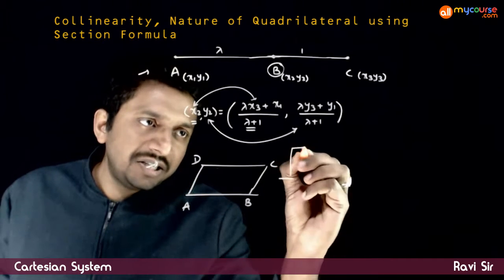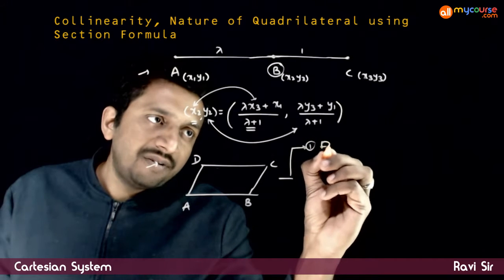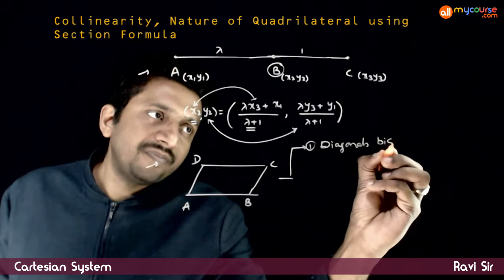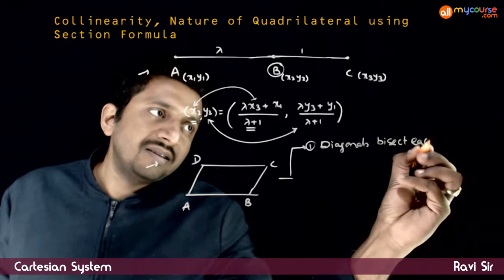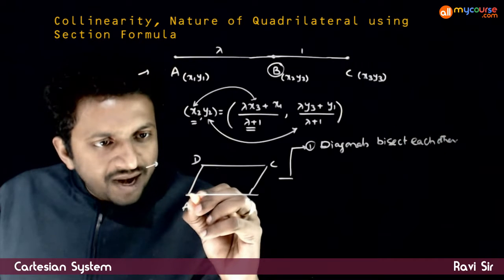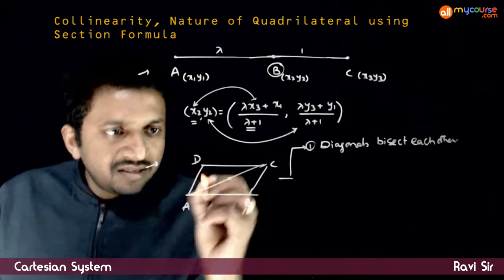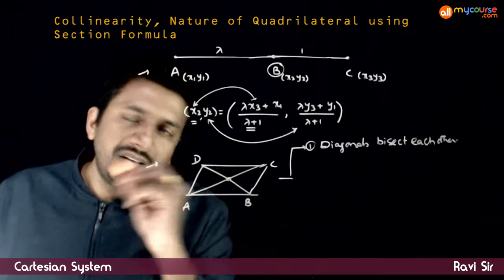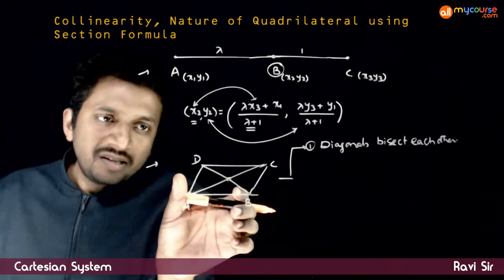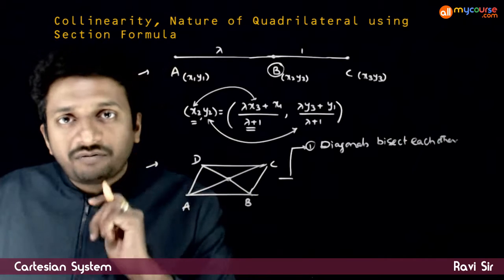So the first condition is if diagonals bisect each other, that means you find the midpoint of AC and the midpoint of BD. The midpoint of AC from the midpoint formula, the midpoint of BD from the midpoint formula.